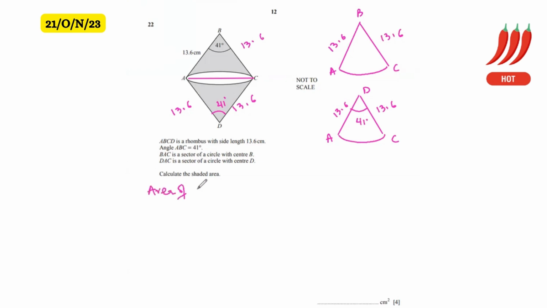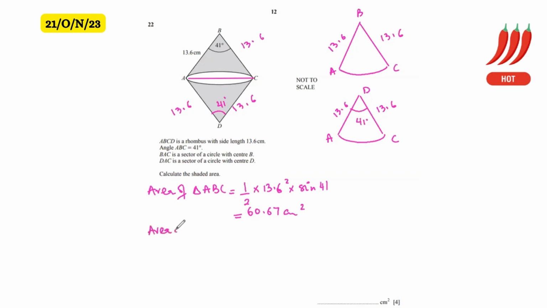Area of triangle ABC, 1/2 times 13.6 squared times sine of 41. That's going to give us 60.67 centimeters squared. So this is also the area of triangle ADC.